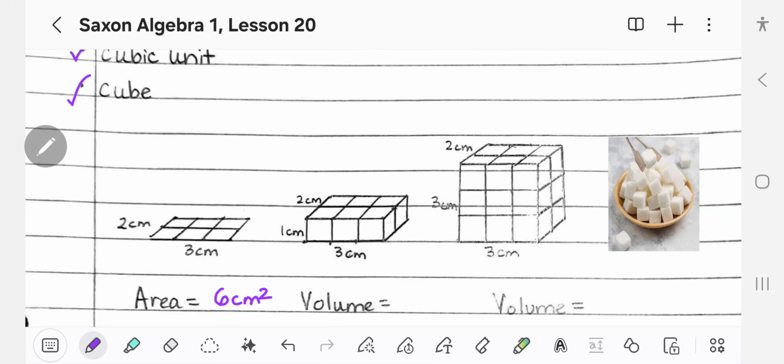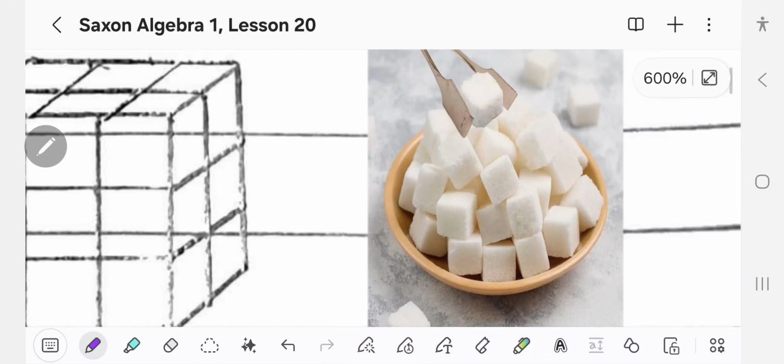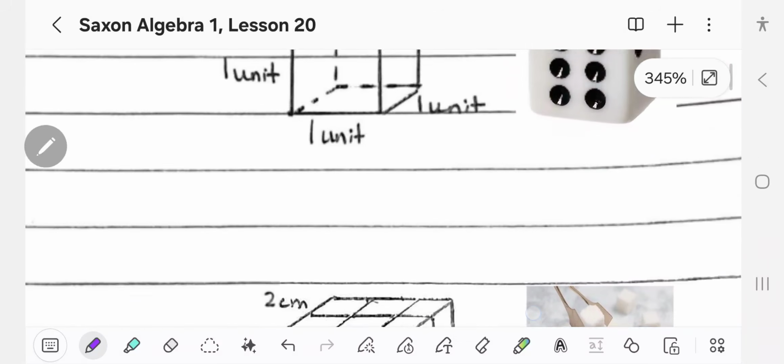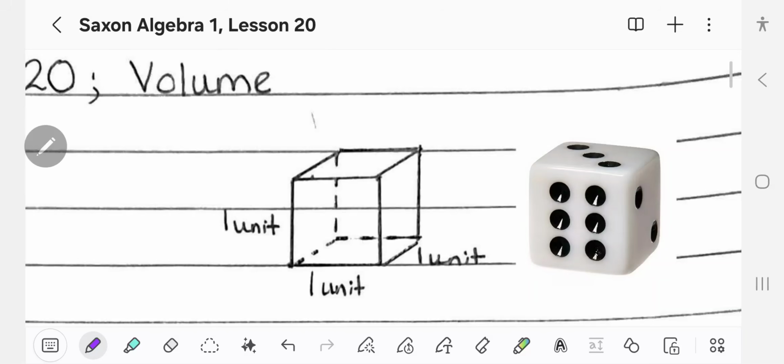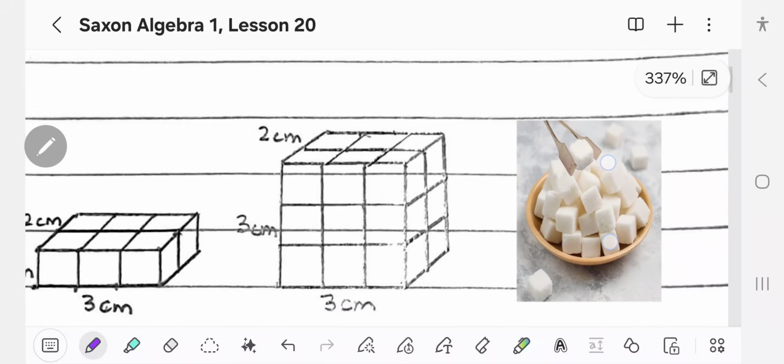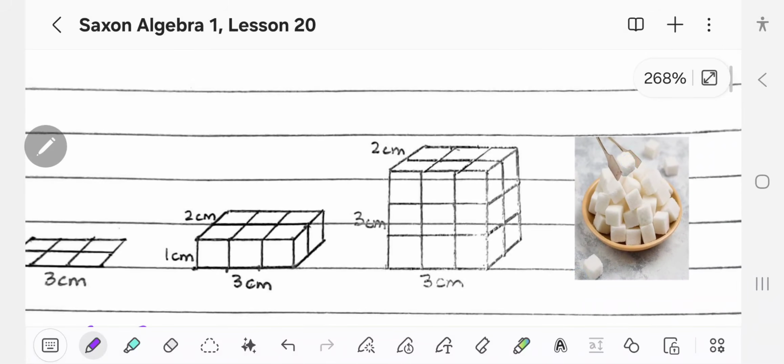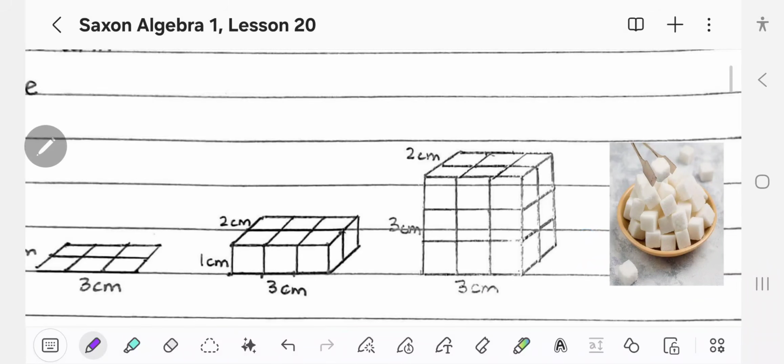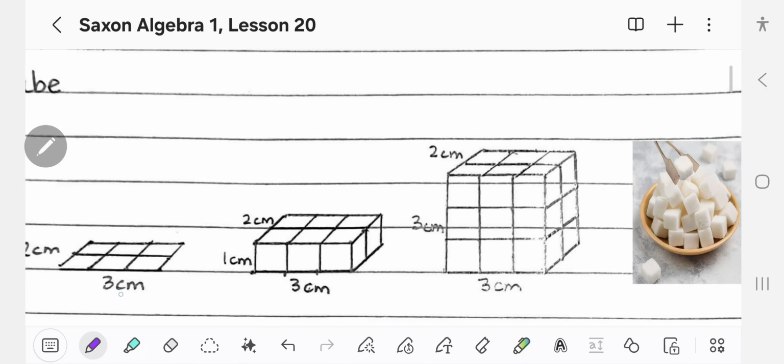Volume, though, is you're measuring the cubes. You're trying to see how much space it takes up. Notice here it's as if they took some sugar cubes, and I got you a picture of these sugar cubes your book references. It's basically like a little die. It's a cubic unit, and they're saying imagine taking those sugar cubes and building on top of this graph paper. So here's a cube.